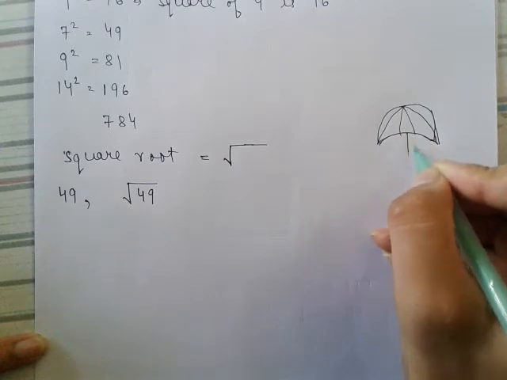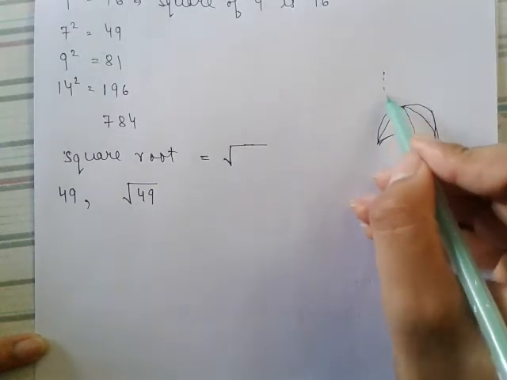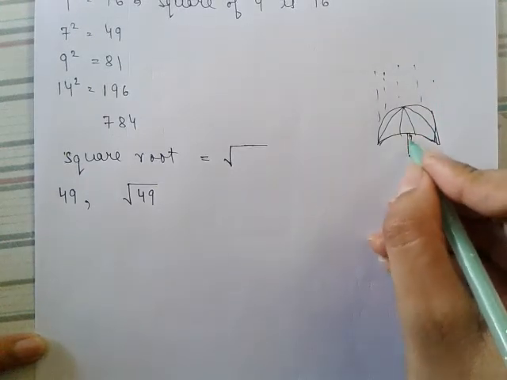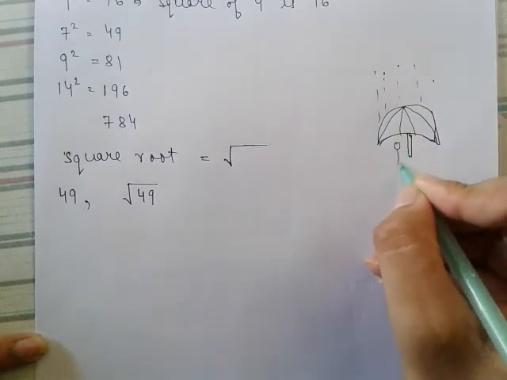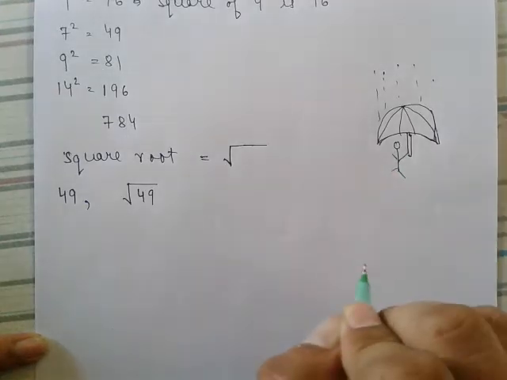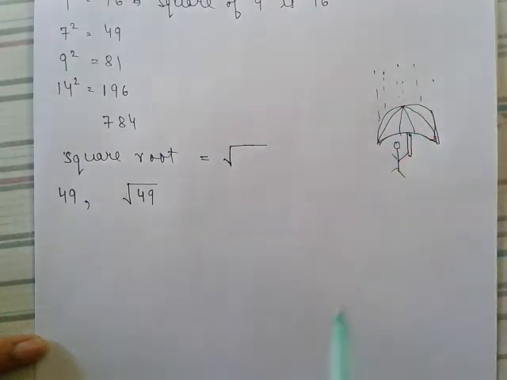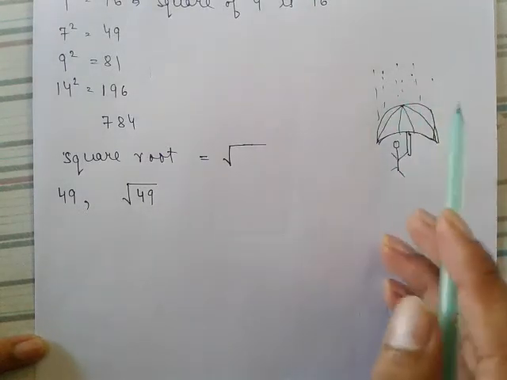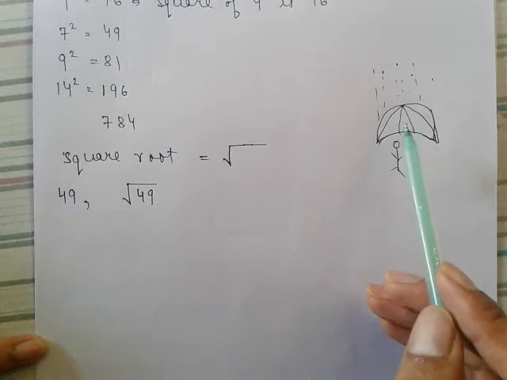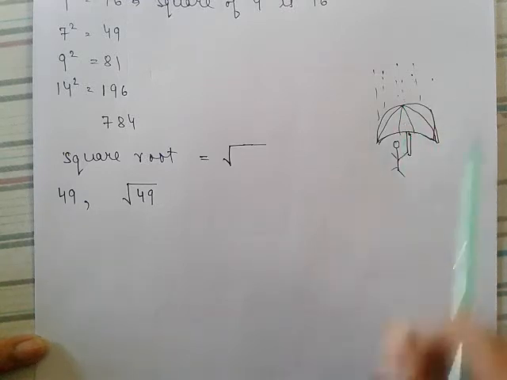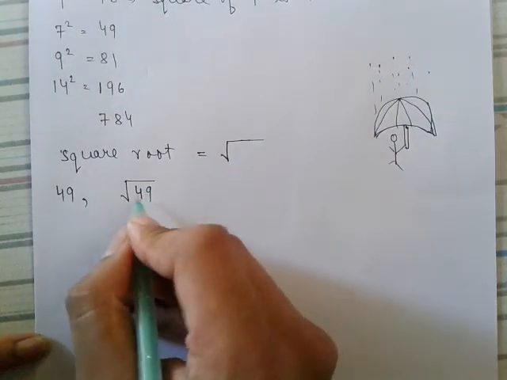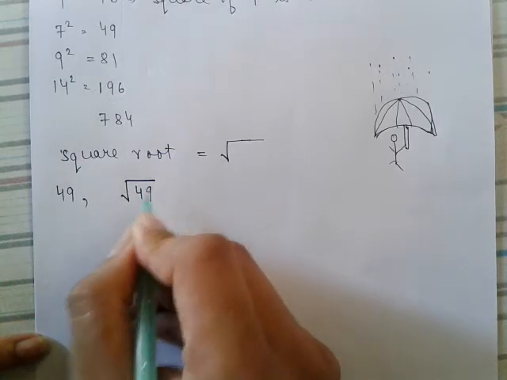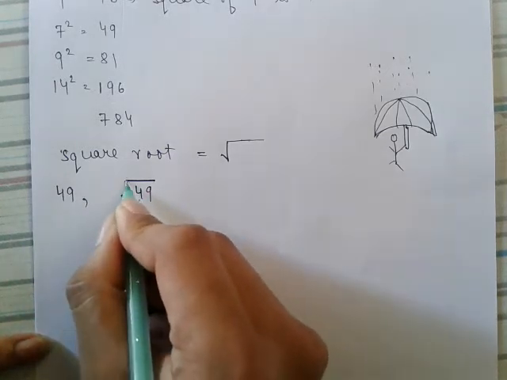Whenever it rains, you just stand inside this umbrella, holding it, so that you will not get affected by the rain, and you will stay dry. Just like that, you are placing this 49 inside this symbol.